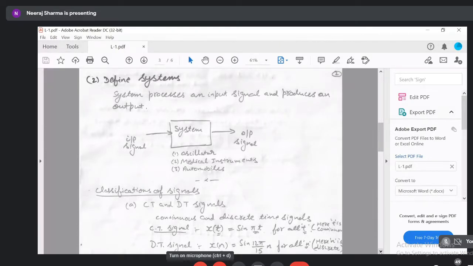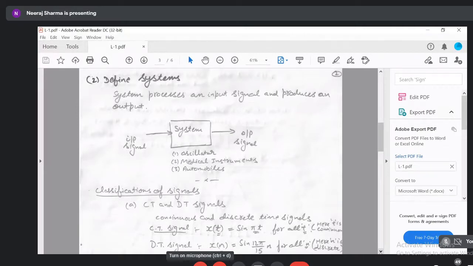If you have a system which analyzes the behavior of biological signals, like an ECG machine, right? The ECG machine takes the input signal as a biological signal, that is, the signals produced by the human body, and transforms that signal into an electrical signal and provides you an output in terms of a graph.